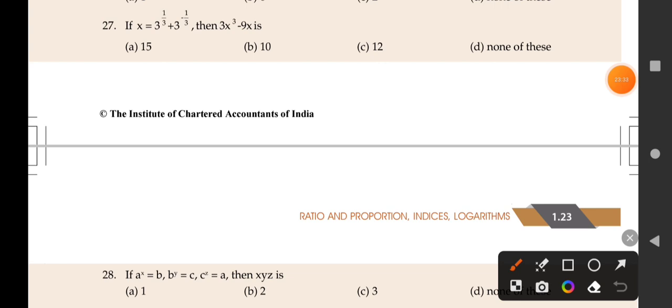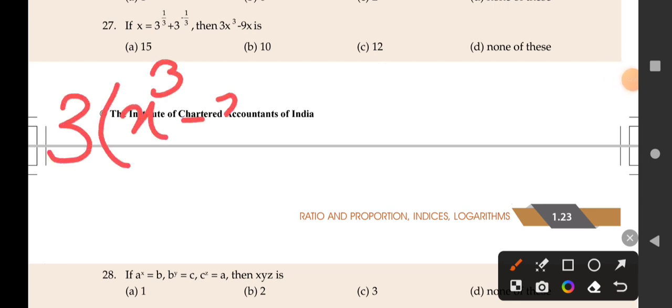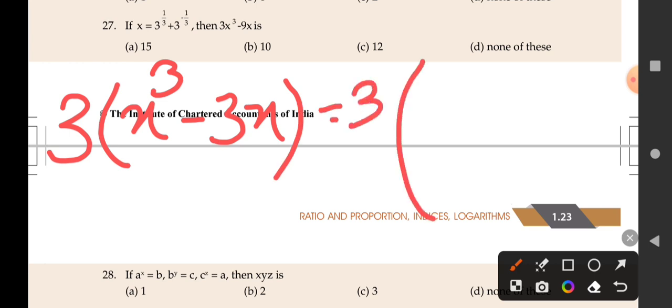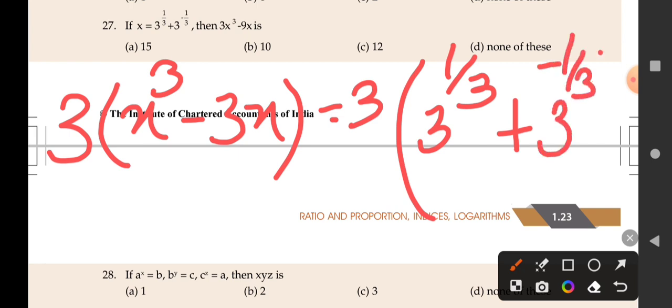Okay, so 3 into x cube minus 3x is equal to 3 into a, what was a? 3 power 1 by 3 plus 3 power minus 1 by 3.